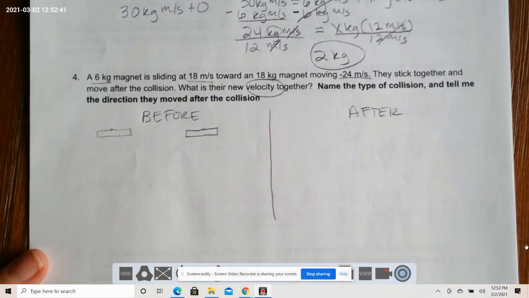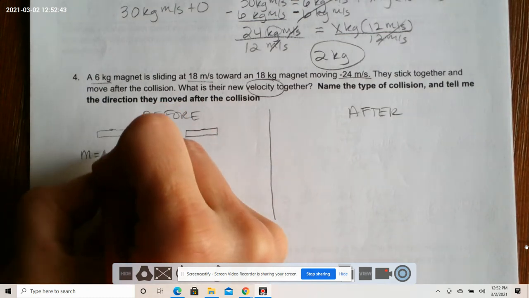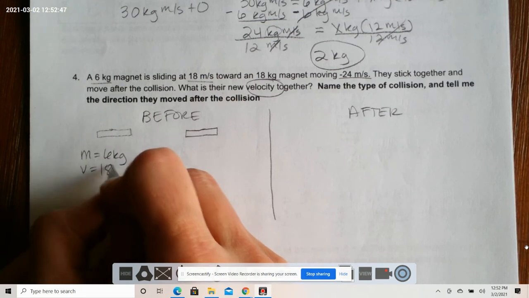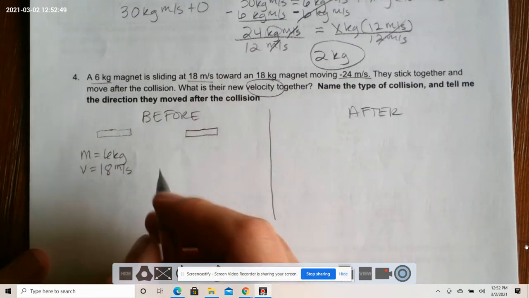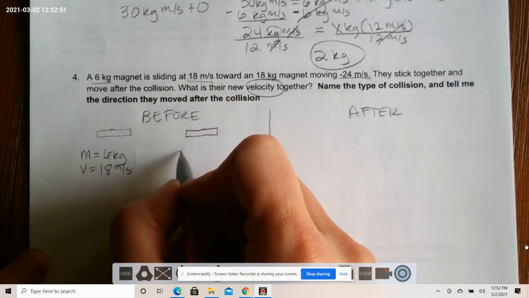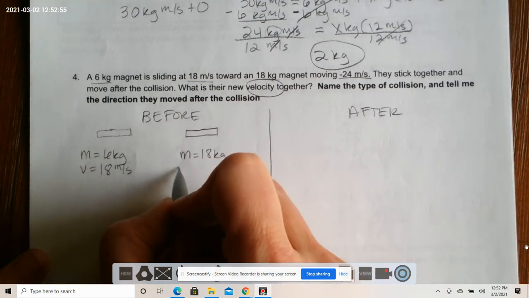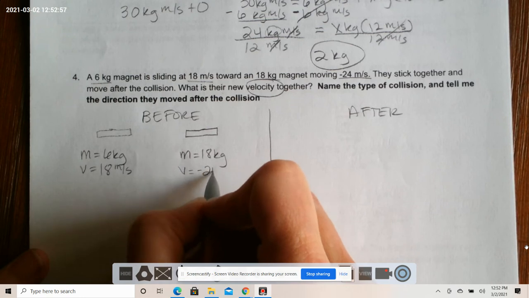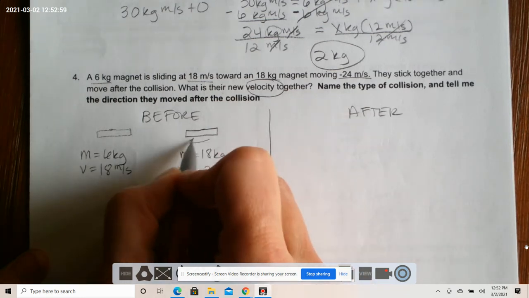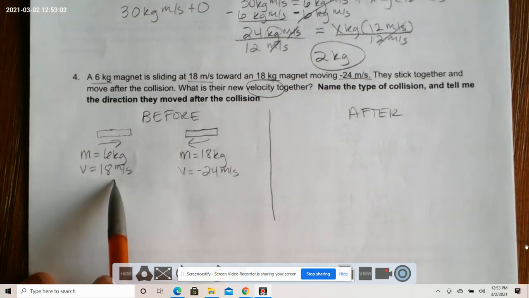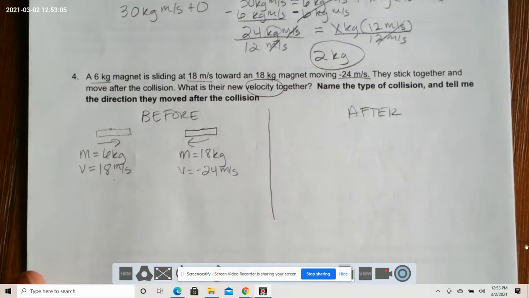So this first one's got a mass of 6 kilograms and is moving 18 meters per second. So velocity of 18 meters per second. The second magnet has a mass of 18 kilograms and it's moving a velocity of negative 24 meters per second. So they're going at each other like that. So positive velocity, negative velocity makes our direction.